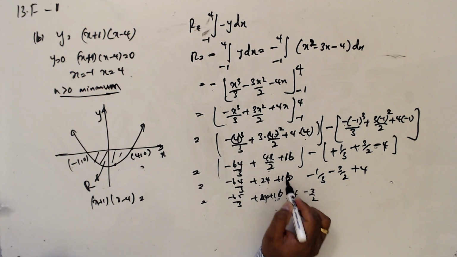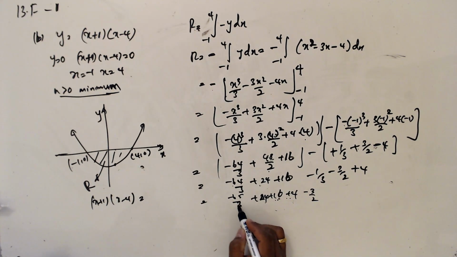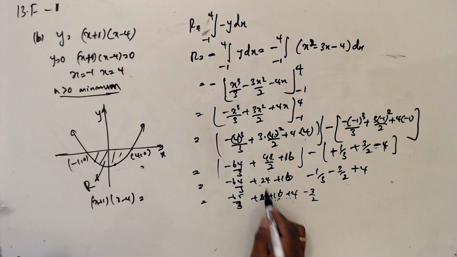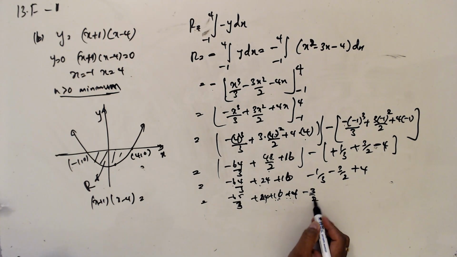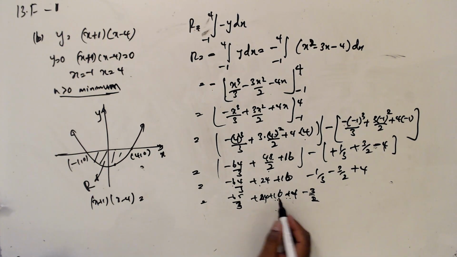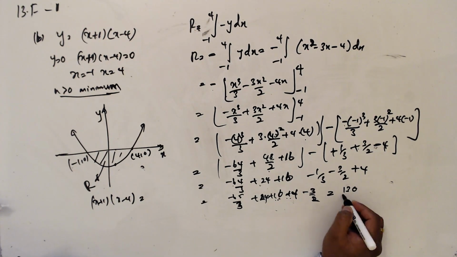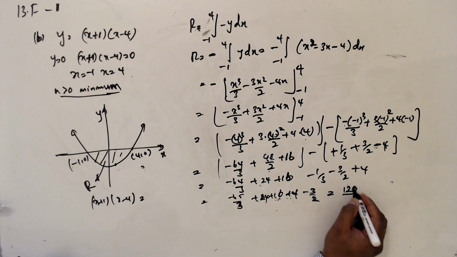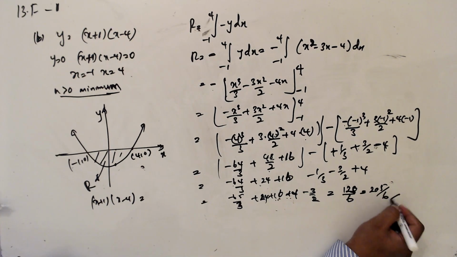And this other, this is minus 65 over 3. This is 24, 16 plus 4 and minus 3 over 2. So you will get the answer as 125 over 6, which is 25 over 6.